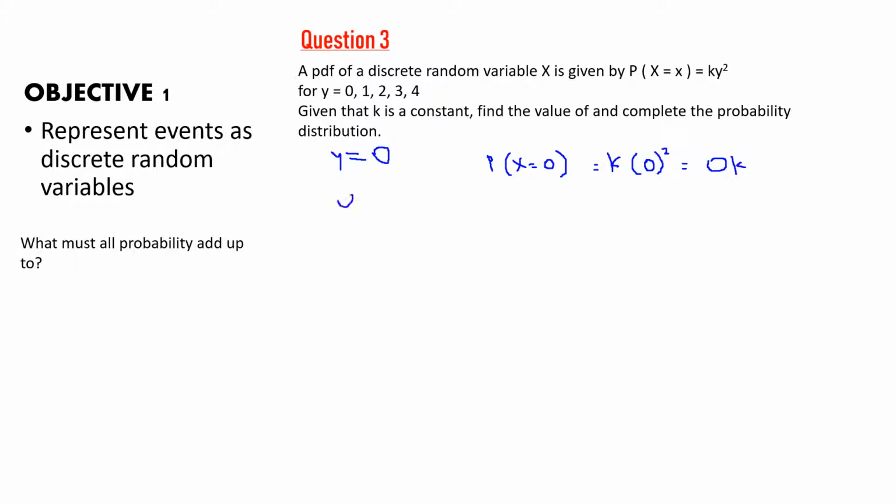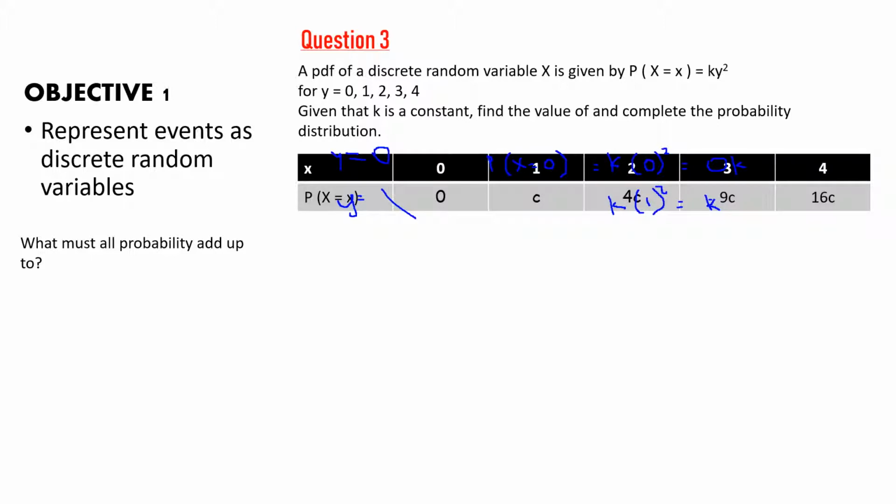You do the same for y is equal to 1, and you'll have k times 1 squared. And 1 squared is 1, or k. Do the same for 2, do the same for 3, do the same for 4, and see that you can complete a probability distribution for that.